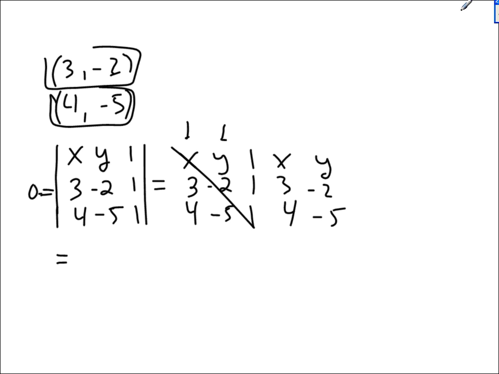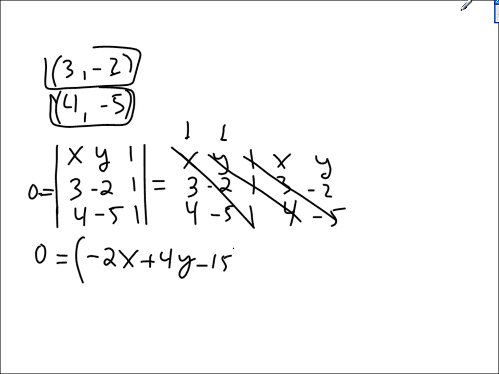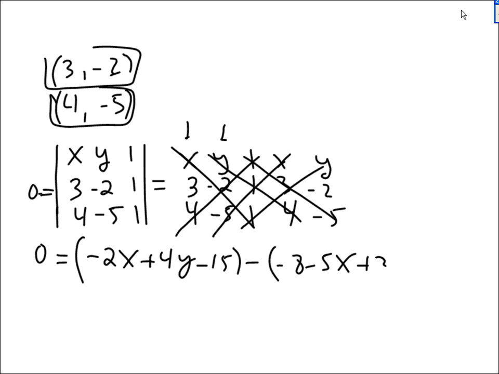So we get that 0 is equal to -2x plus 4y minus 15, minus, now we go the other way. That product is -8, that product is -5x, and that product is plus 3y. You have to know how to multiply.